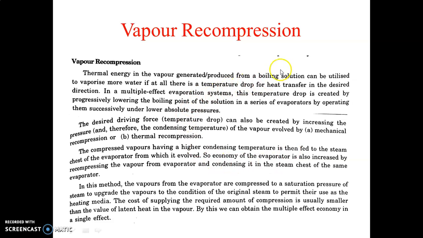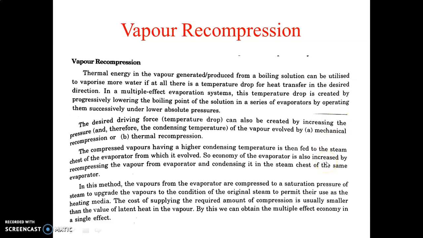That means the heat evolved by the evaporator, we can use those vapors as a heating medium for the single effect evaporator. Here the driving force, that means the temperature drop, is created by increasing pressure. That means we have to increase the pressure of those vapors, which increases the temperature drop. This method is divided into two parts: mechanical recompression and thermal recompression.